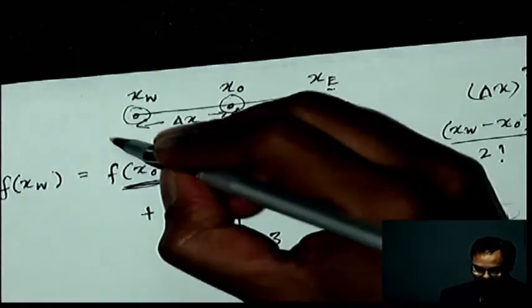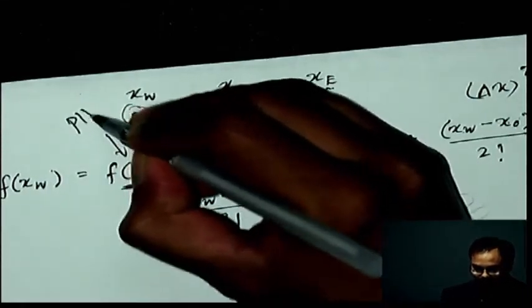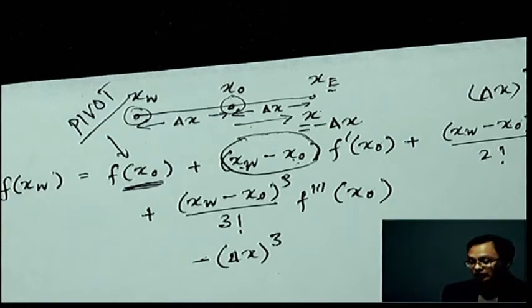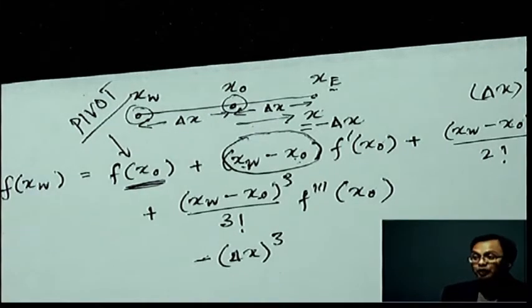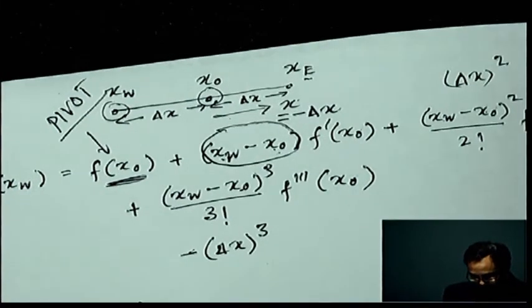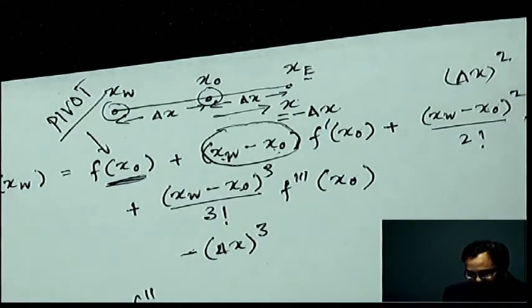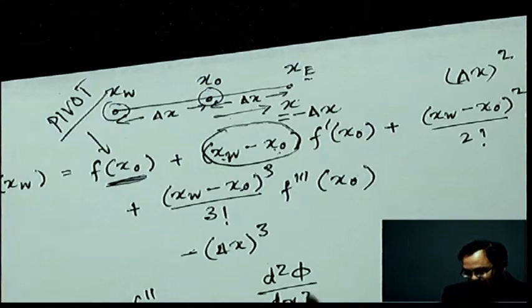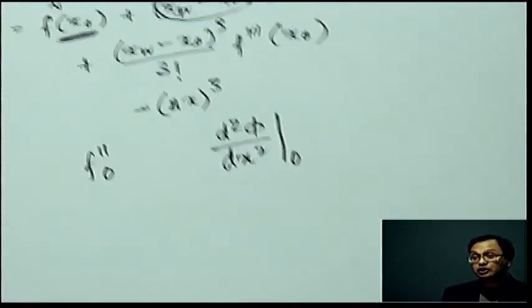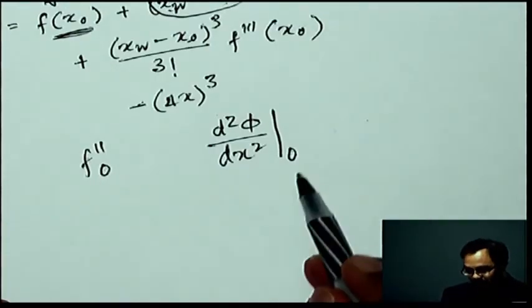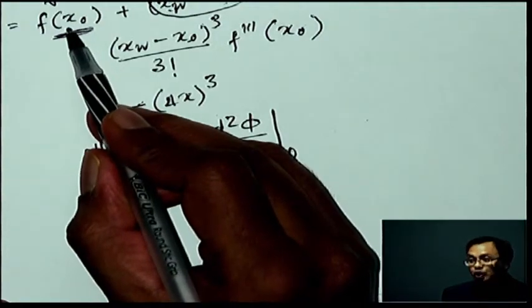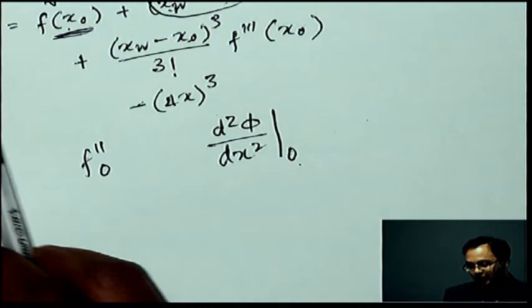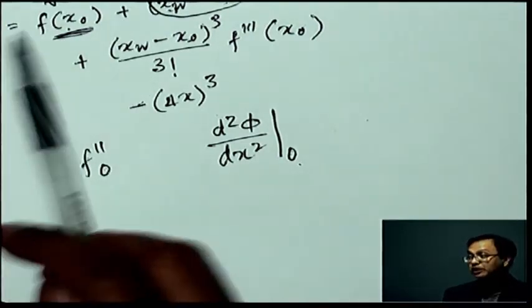So the rule is, if I want to derive f double dash at naught, or what we are calling d square phi dx square at node naught, then my pivot point has to be node naught. I shouldn't be doing x naught is equal to x, or f of x naught is equal to f of x west and something, because that's then going to give me these derivatives at x west, not at x naught.